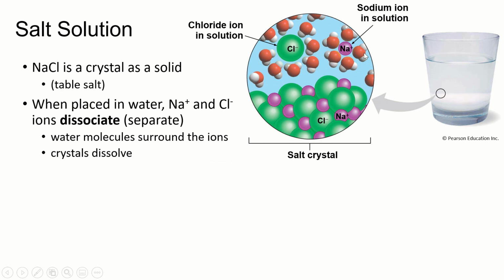And so the two ions dissociate. That's what happens when a solid dissolves. The two ions actually separate, but they keep the electrons that they got in the ionic bond. So we end up with stable ions distributed amongst water molecules. That's what happens when you dissolve something in water.